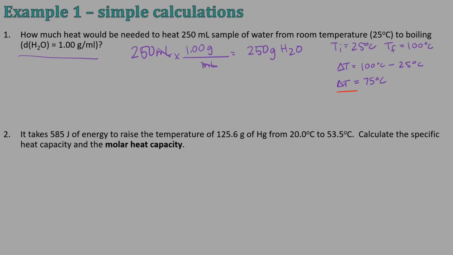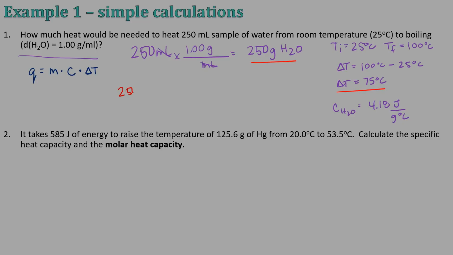I also know that my specific heat for water is equal to 4.18 joules per gram degrees Celsius. My formula is heat is equal to mass times the specific heat times the delta T. So I will plug those values in. That's why I calculated mass to begin with.